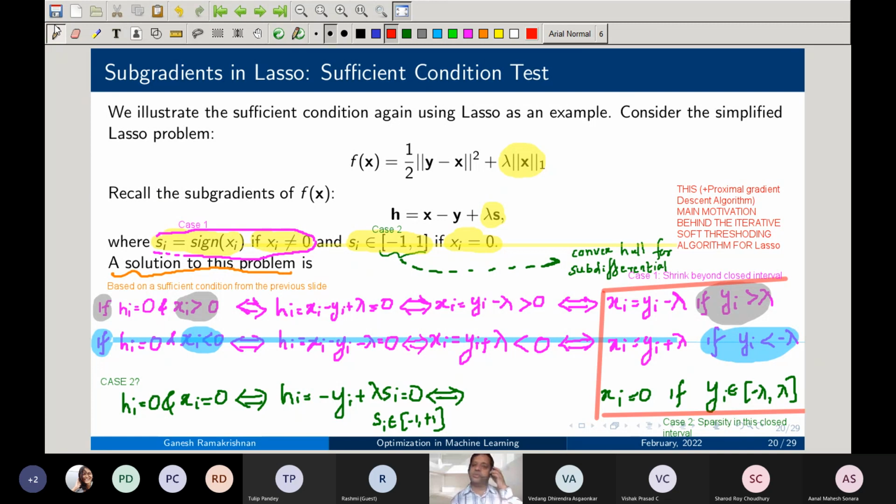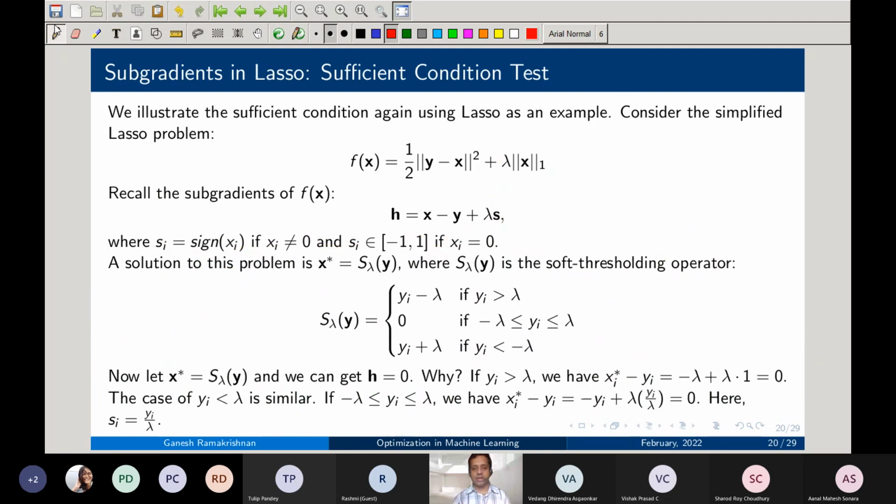You probably came across it in your machine learning class. So the name iterative soft thresholding is also embedded here. This is called the soft thresholding operator.